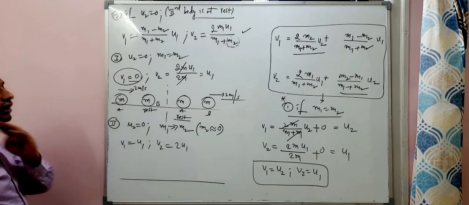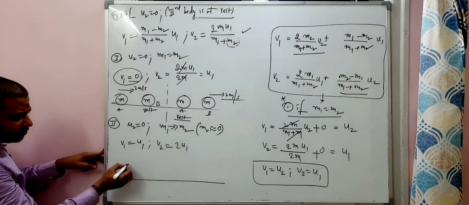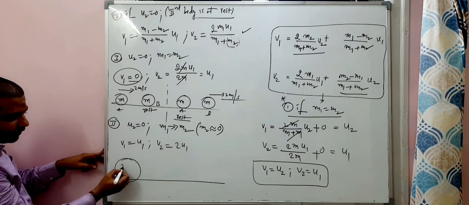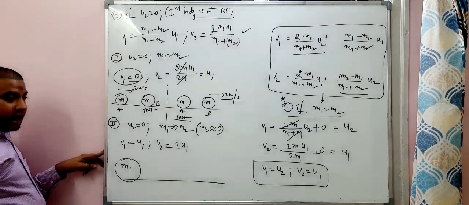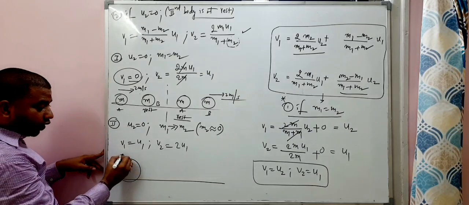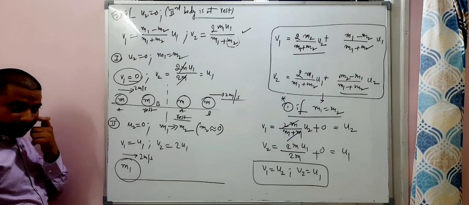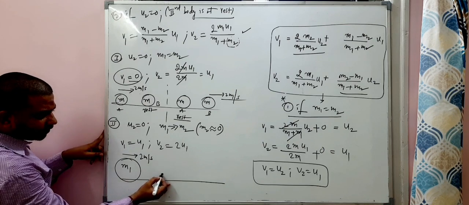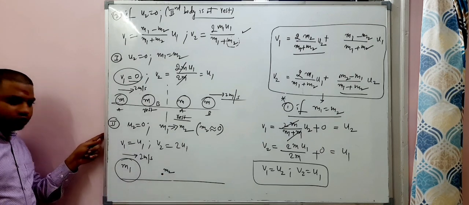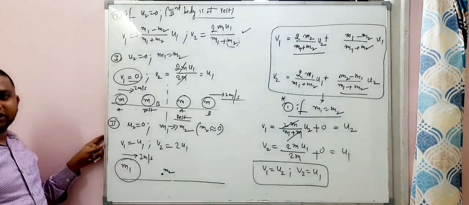With the diagram I am telling you. So m1 is the huge body, and this body is moving with some velocity, say some 2 meter per second. m2 is a small mass located here. m2 is negligible when considered to this m1.